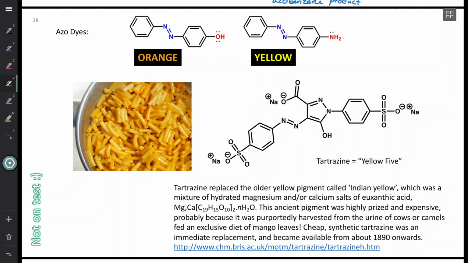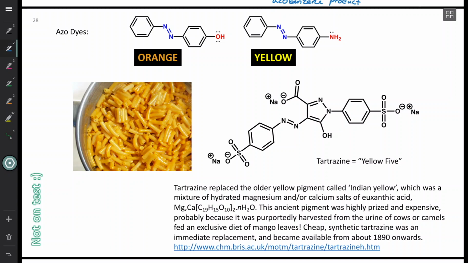So famously, azo compounds are dyes, very colorful. And what's neat is that the electron donating group that you use will change their absorption and the color of the dye. So here, this azobenzene with the hydroxy group is bright orange, but azobenzene with an amine is yellow, right?